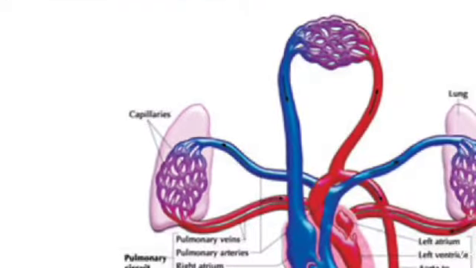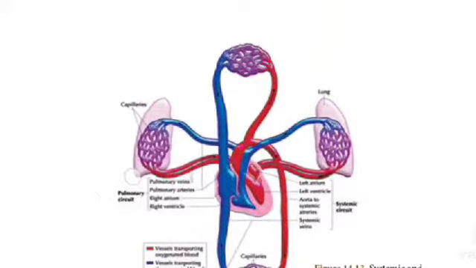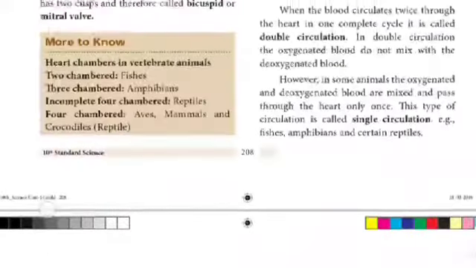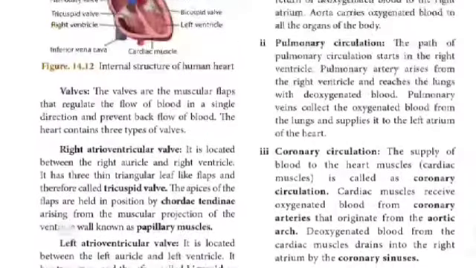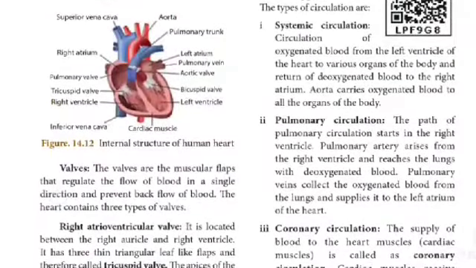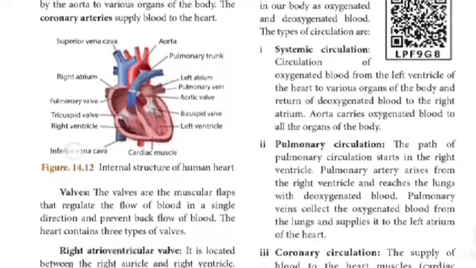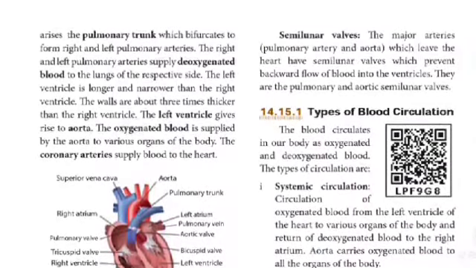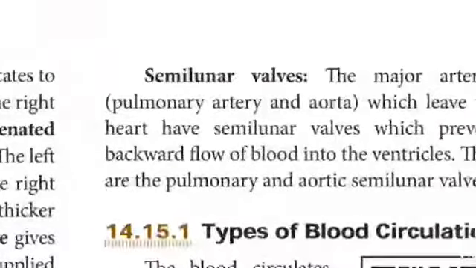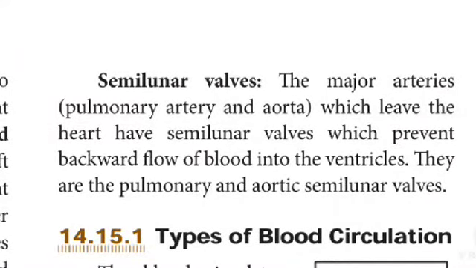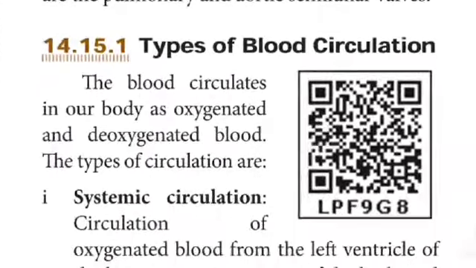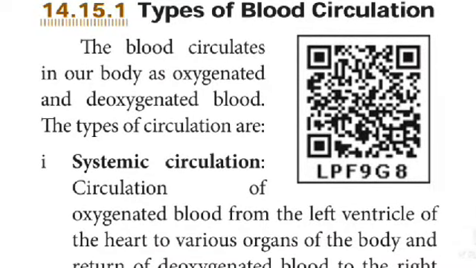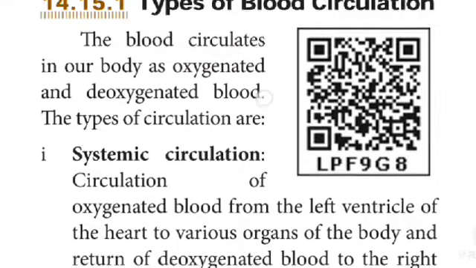Semilunar valves. The major arteries, pulmonary artery and aorta, which leave the heart, have semilunar valves which prevent the backward flow of blood into the ventricle. They are the pulmonary and aortic semilunar valves. Types of blood circulation. The blood circulates in our body as oxygenated and deoxygenated blood.